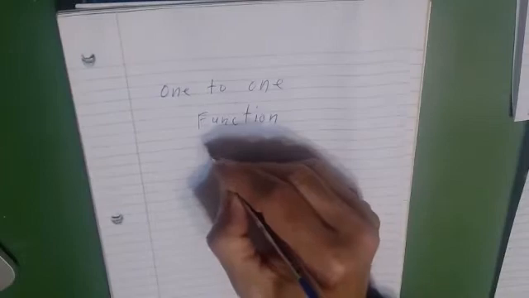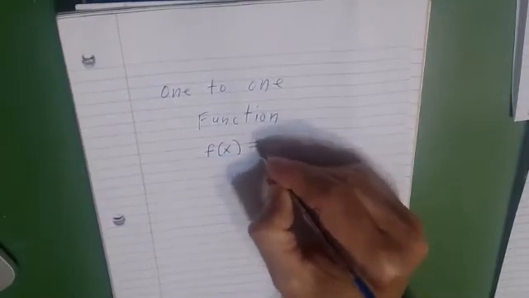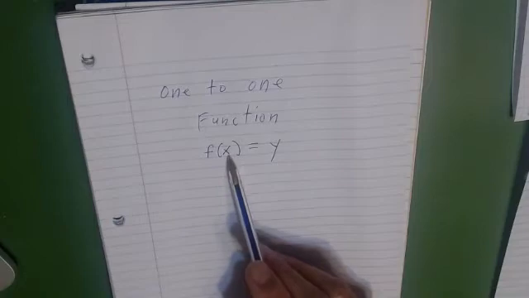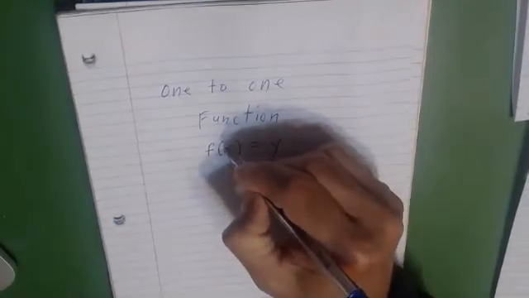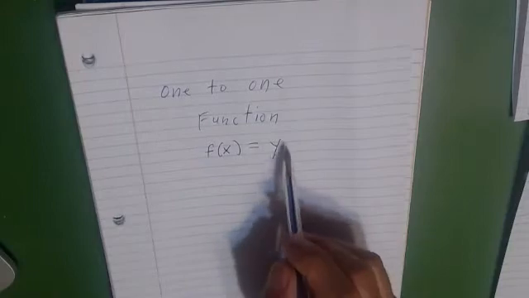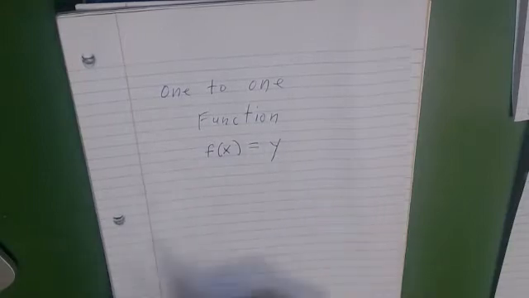If I have some f of x equals y, so I have a function of x, and if I insert x as an independent or input variable, I produce y as a dependent or output variable.